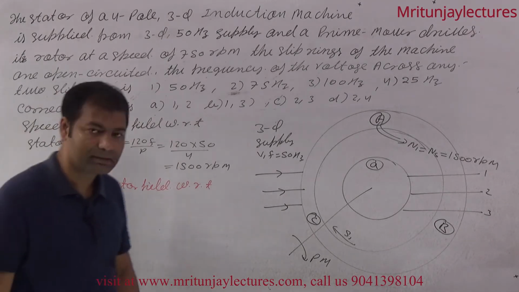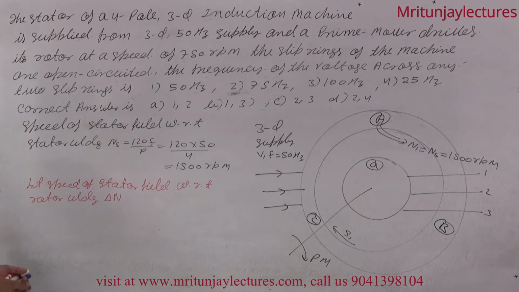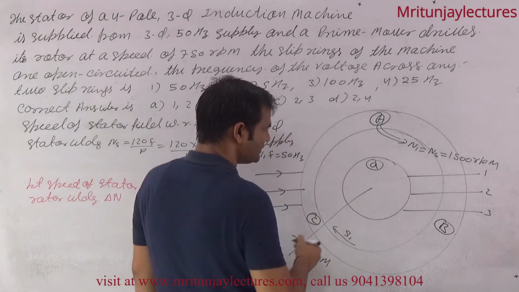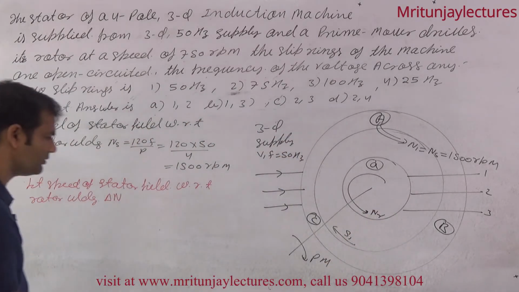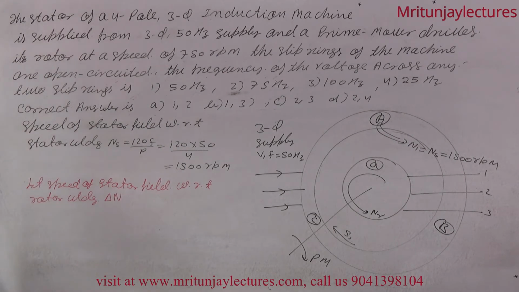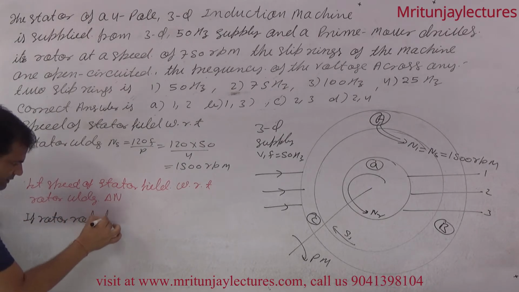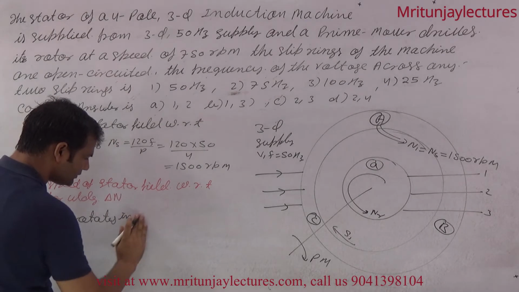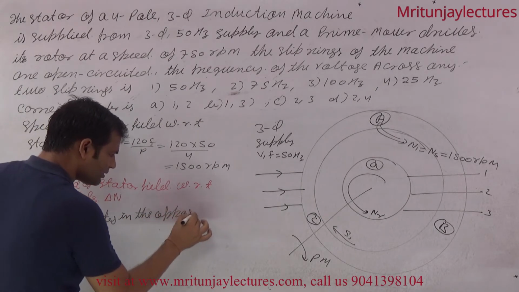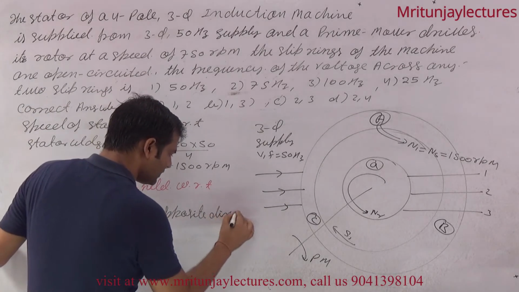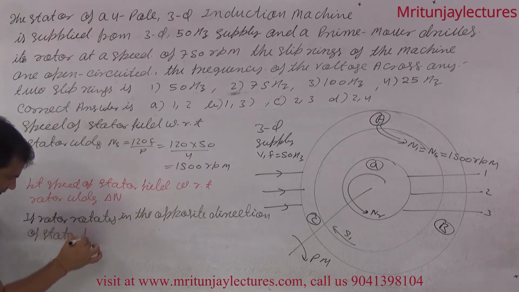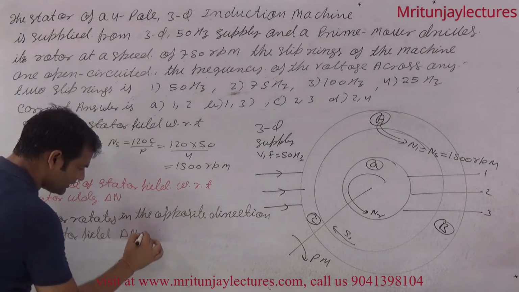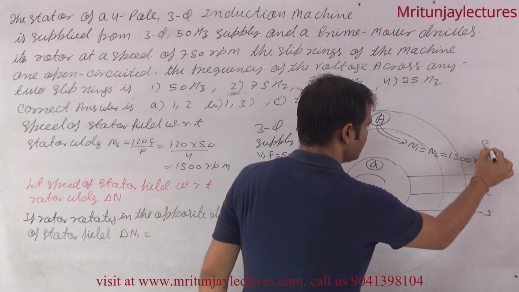Case first: if the rotor rotates with the help of the prime mover in the opposite direction of the stator field, say delta n1 corresponding to frequency f1.